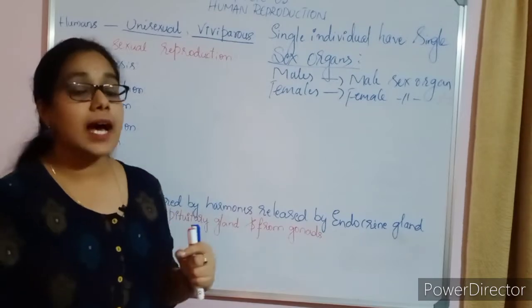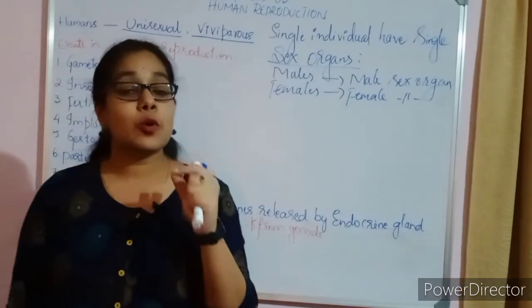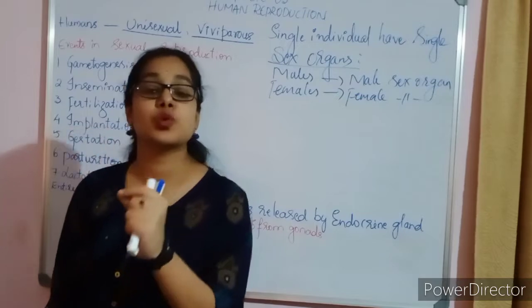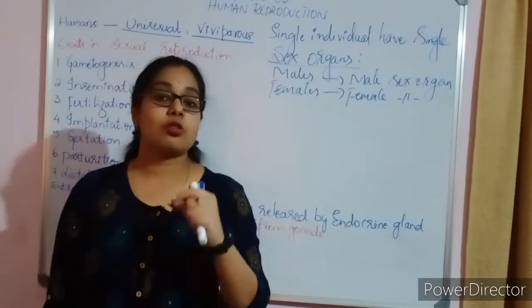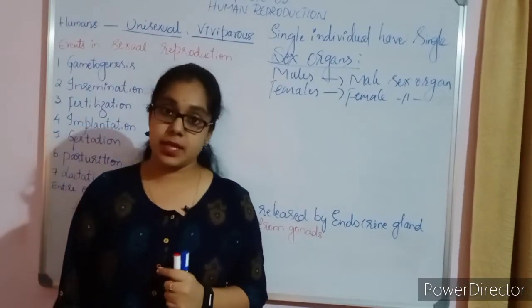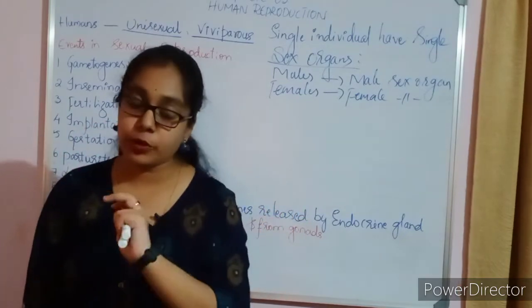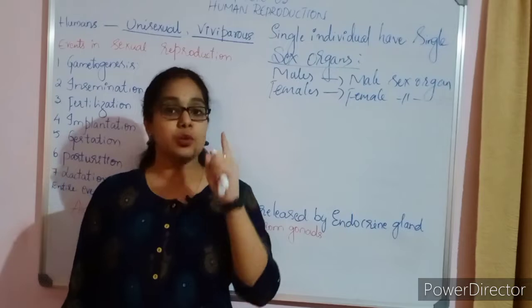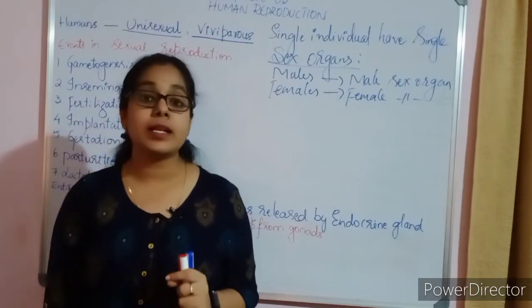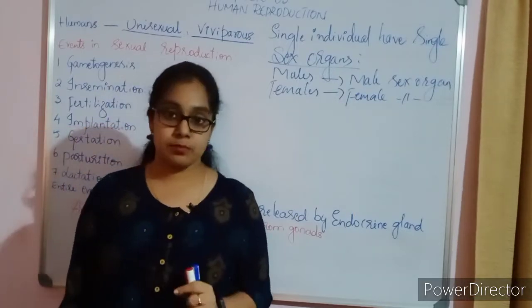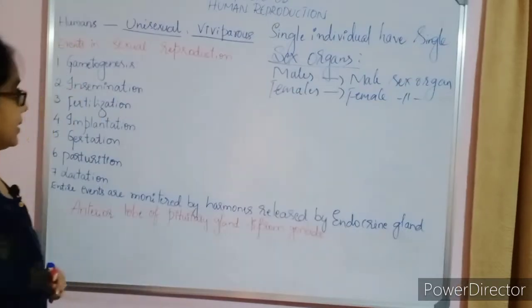These are the organisms which give rise to young ones. So these 2 points you should never forget in case of human beings. First is unisexual and the second one is viviparous. Clear to you?